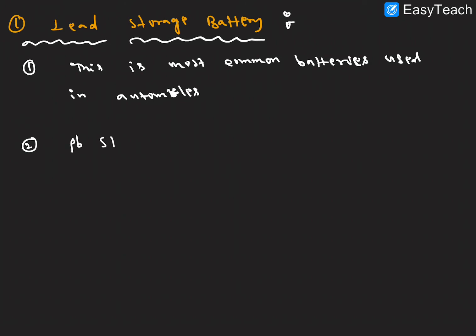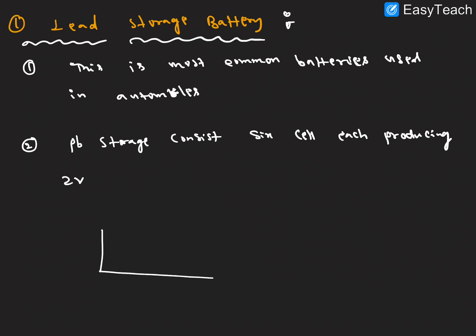Second one here, the lead storage battery consists of 6 cells, each cell producing 2 volts. Let me draw how it is arranged in the battery.